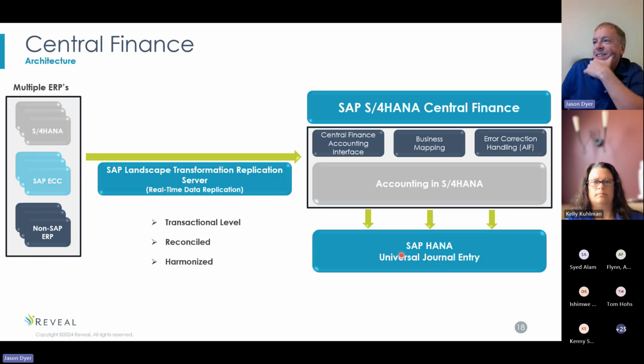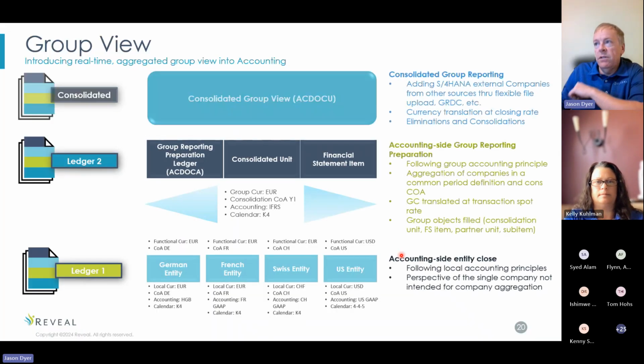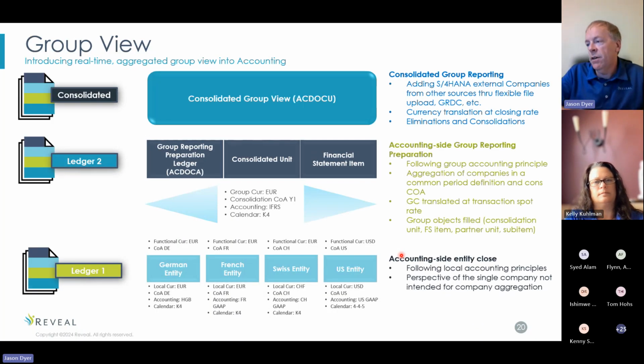The wheels are turning. We've got one last simplification topic I want to cover here, and that's group reporting. So Kenny, can you walk us through what this brings to the table? There's a lot going on this slide, but I think this is pretty exciting, and how maybe it relates to central finance as well.